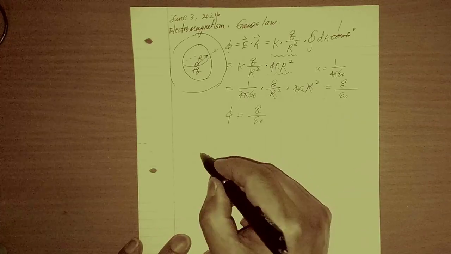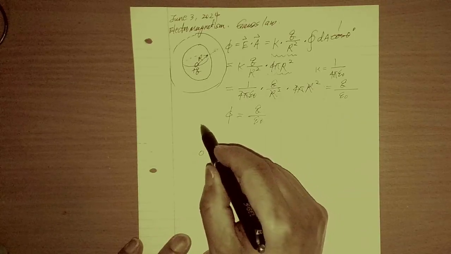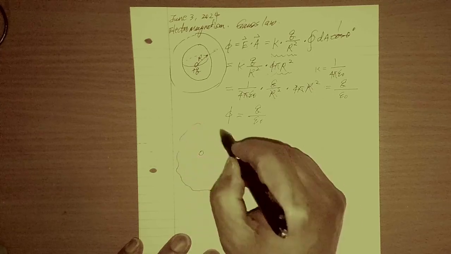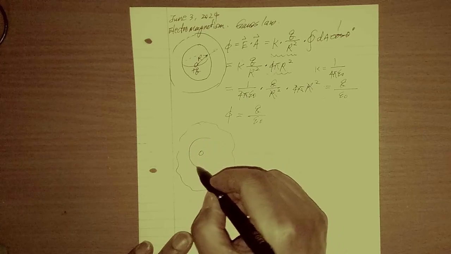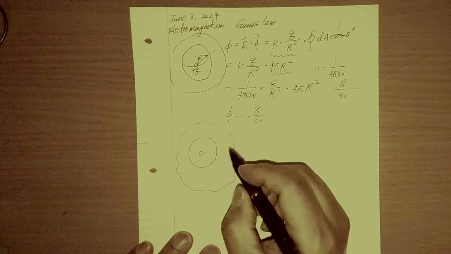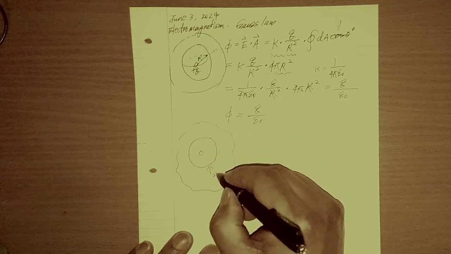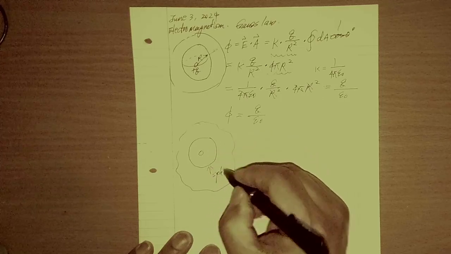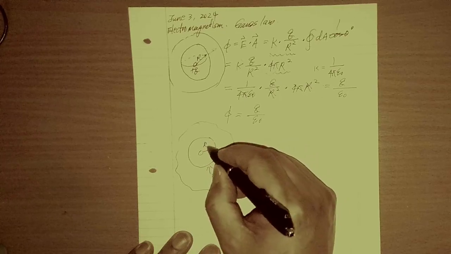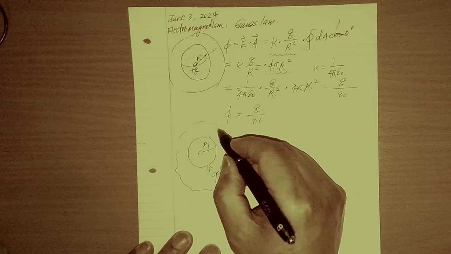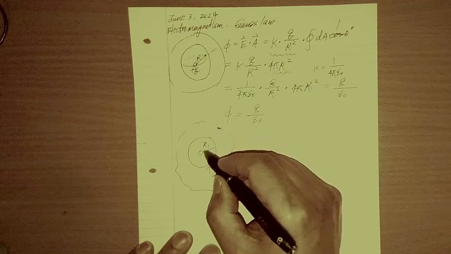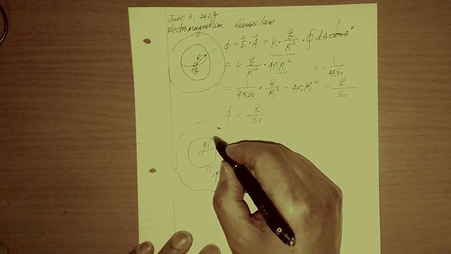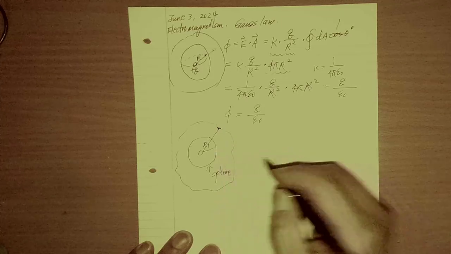So what if we have a charge, and then we have a random shape? We can always consider this inner one as a sphere with radius R1. And for anything right here, like for instance this little square, we can draw a line perpendicular to that.